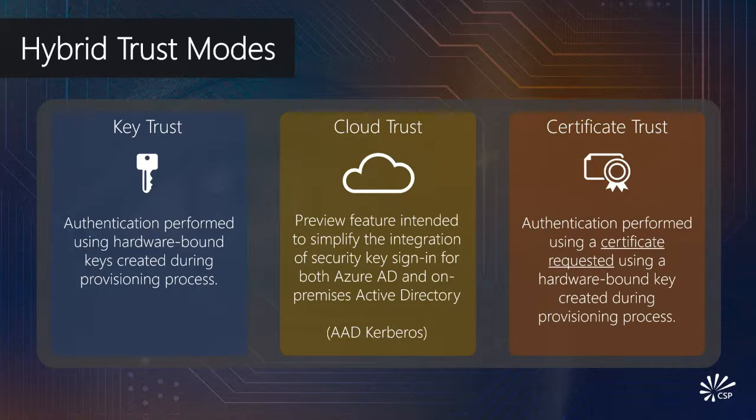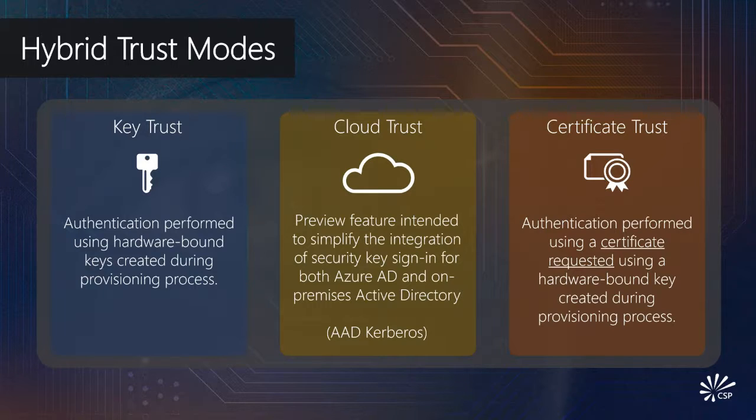In this case, ADFS acts as the certificate registration authority against the PKI. This also means that authentication to Azure AD is federated through ADFS. So again, more complexity. There is a third mode in the middle here called cloud trust.